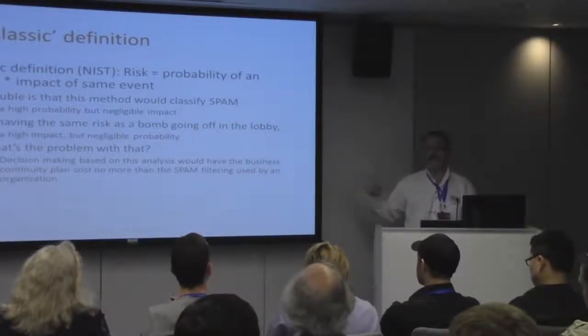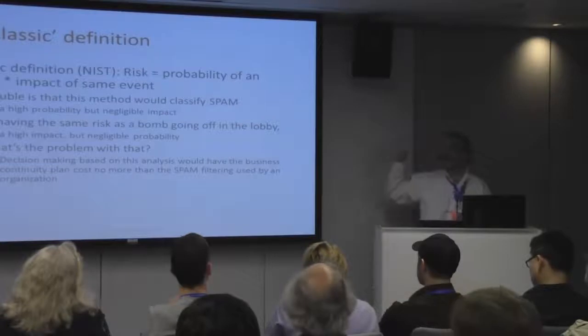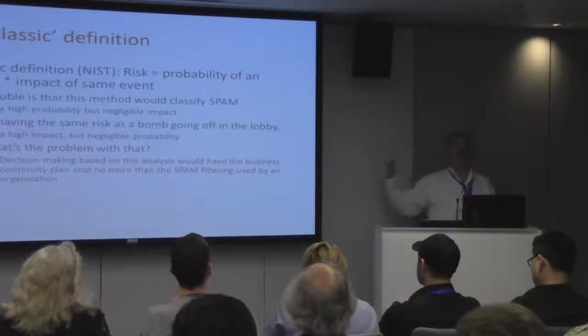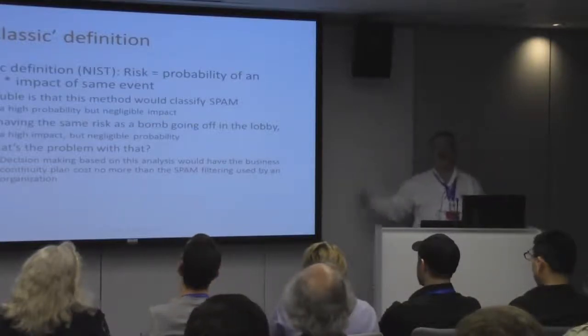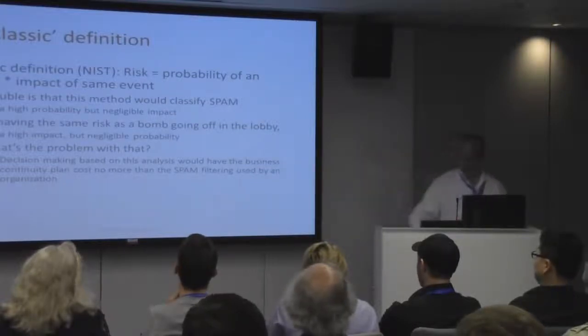I severely doubt that anybody in this room would classify spam as having the same risk to your organization as a bomb going off. And certainly you're not going to put the same level of controls behind that. So the problem with this particular definition is it doesn't help you make good, sound business decisions. So we're going to take it and throw it out along with so much else that comes from this.